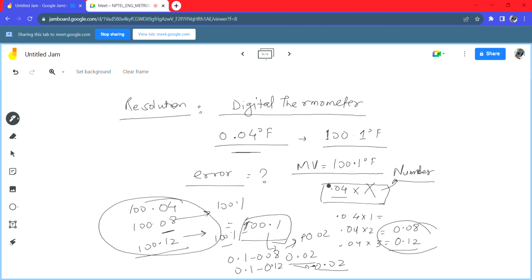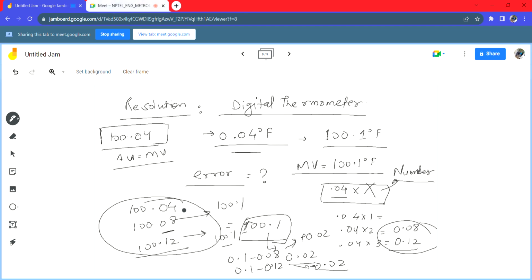If we have a device that can read the value to be 100.04, and we know that it is 100.04, in this condition it should be a perfect value wherein the absolute value is equal to the measured value. But sticking to the problem that we were dealing with, there is no range of absolute error that we can find out in this problem.